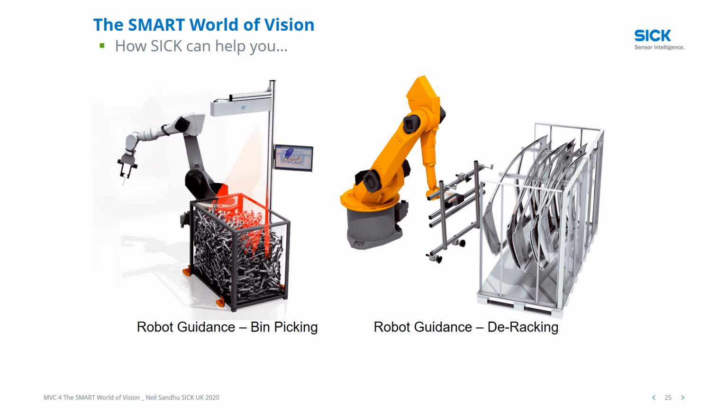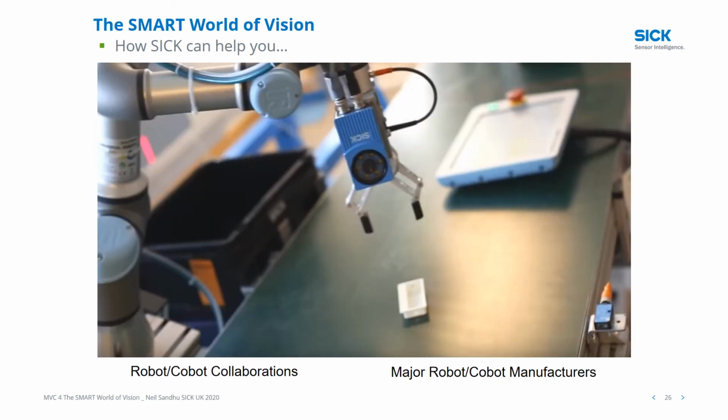These are areas of expertise that we have in terms of creating these systems to be able to cope with these typical production pains that we've seen in terms of making sure accurate picking and placing of the parts are carried out, as well as, as I've said earlier, working with the major robot manufacturers around the world to develop easy to use interfaces. That means that our cameras can either, even in this case, be mounted on the robot itself or be sitting very close by, and the very straightforward interface can actually be run from the robot controller itself.